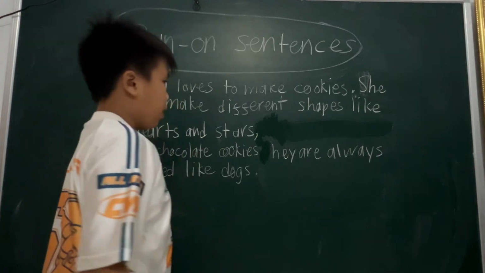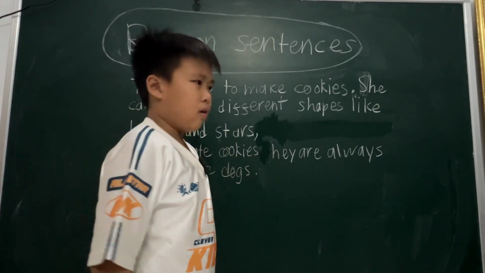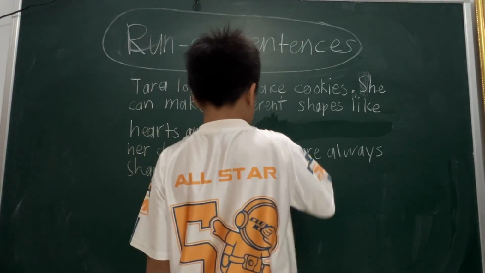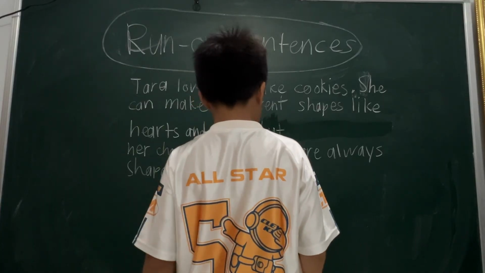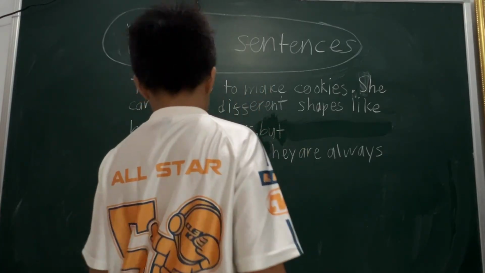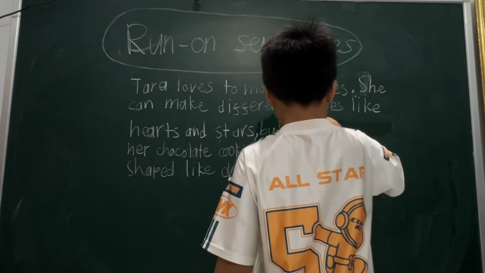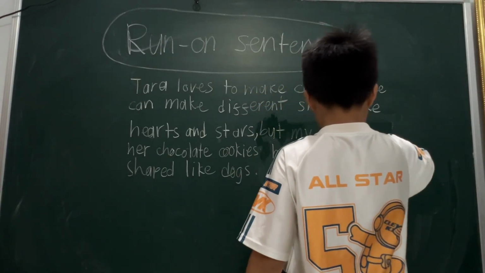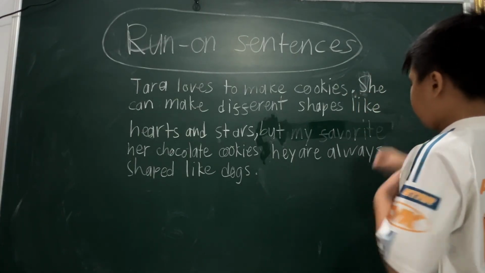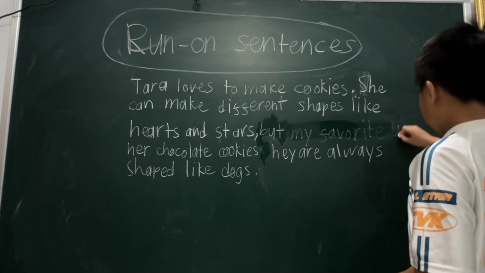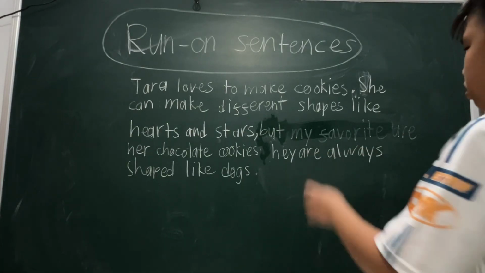We can use a comma. We can add the word but, not our butt, the bottom, but we're talking about this one. Not two T's. Say hearts and stars, but my favorite are her chocolate cookies.